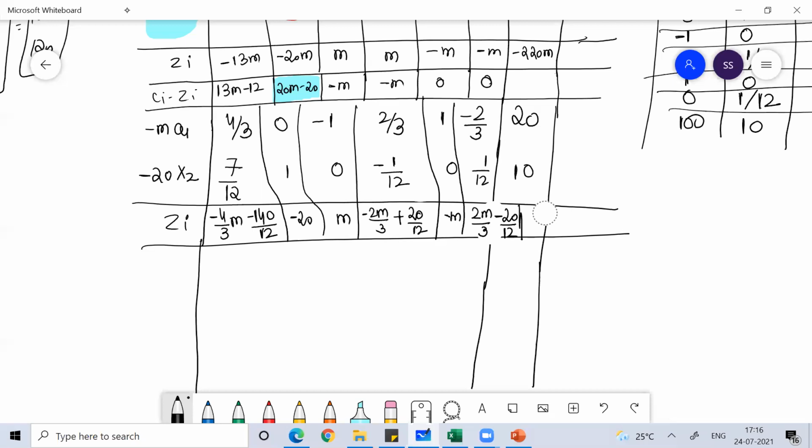The Zj value will be minus 20M plus 200, not minus 1, still minus 200. Clear, everyone?